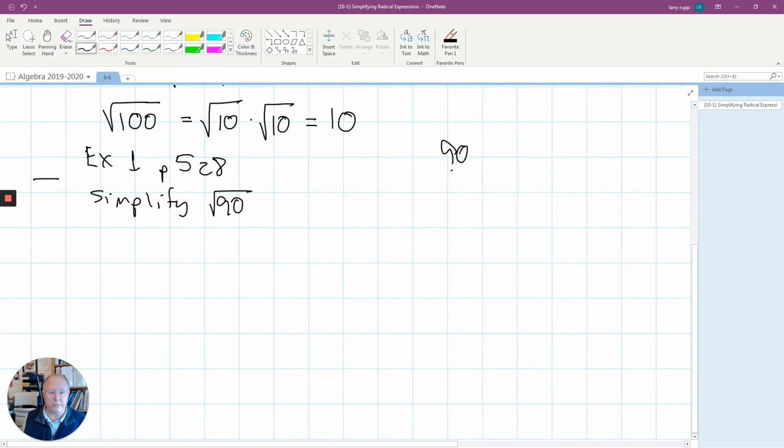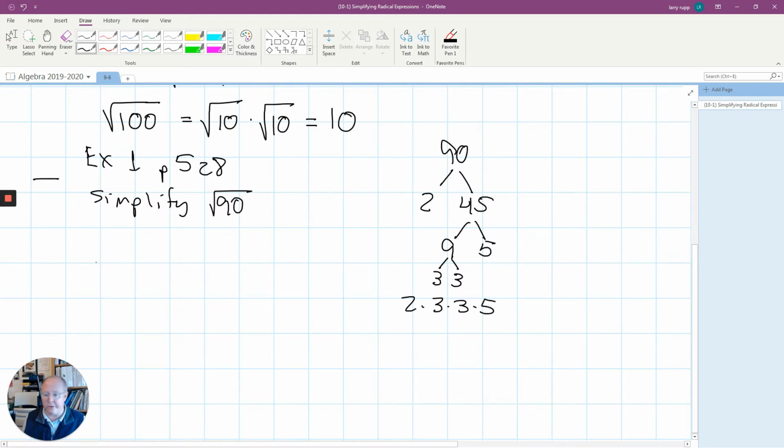And we all remember prime factorization, right? Yay, prime factorization. So we can break 90 into 2 and 45. We can break 45 down into 9 and 5. And we can break 9 down into 3 and 3. Thus, we have 2 times 3 times 3 times 5.